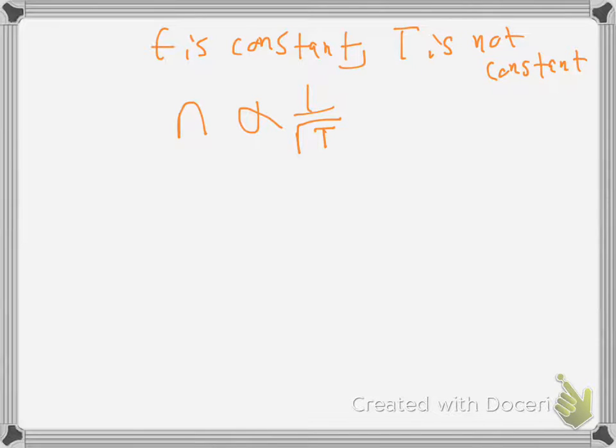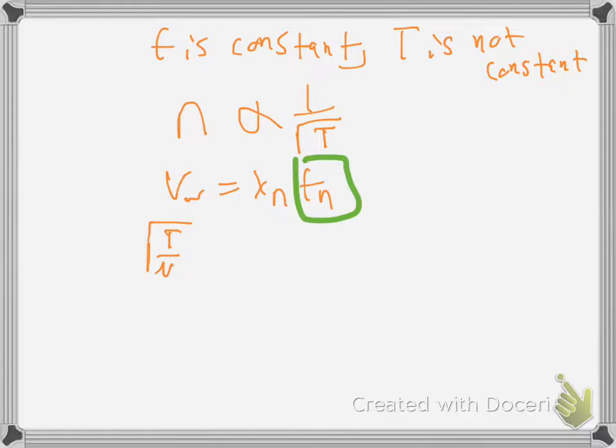And since we know the tension is going to be mg, but we're still looking for the frequency here, let's, as always, start from the wave equation that is going to help us. And then the frequency, that's what we're looking for. We don't know what this frequency is. That's what we want to solve for. And since it is a string, it's the tension over the linear density. Luckily, we were given both of these.